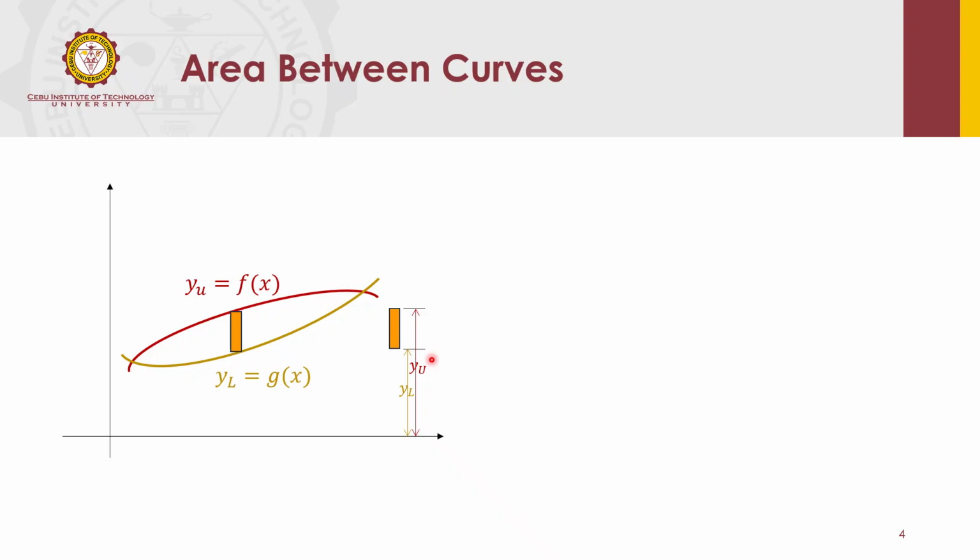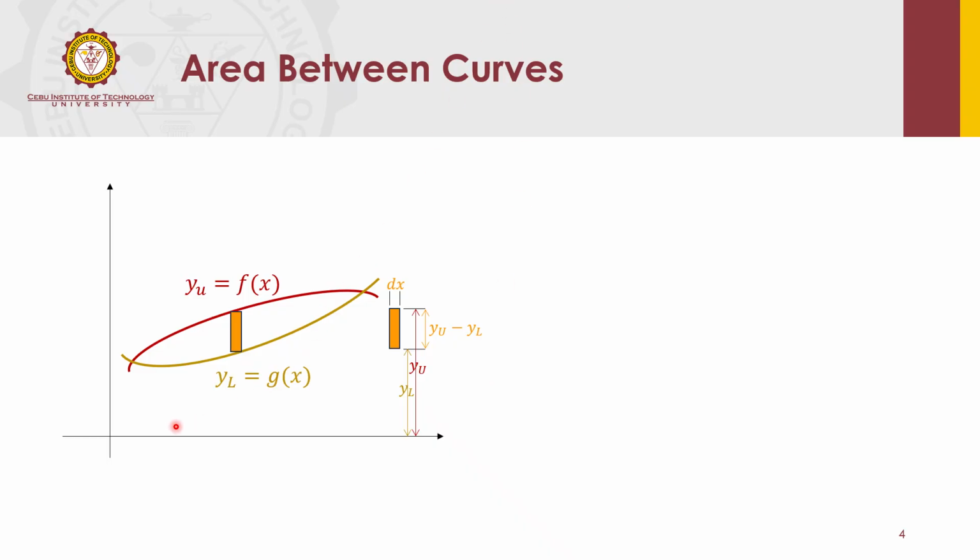It's again the y coordinate of this point where the upper end of the vertical strip lies. So the length of this vertical strip is the difference between these two values: y upper minus y lower. And we're going to multiply it with the width of the vertical strip, which we label as dx.